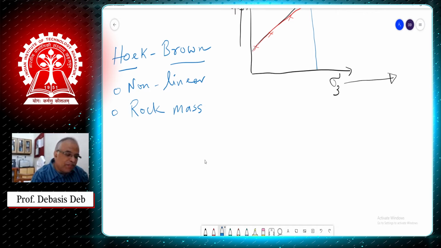Okay. Let me give you an example. I'm going to draw something, and you have to tell me whether it is rock or rock mass. There is a similar picture available on the net also. You can see. Let's say this is my representative area.